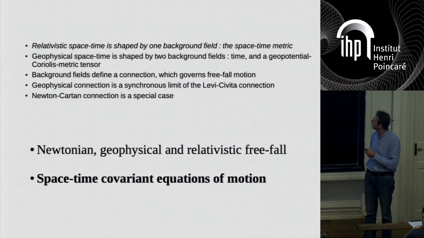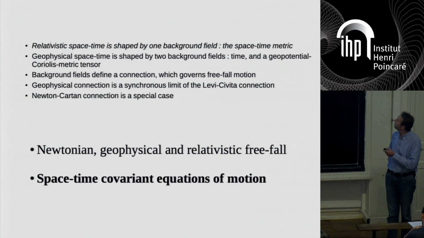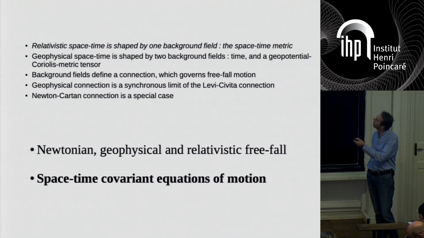So one is time, as discussed here. And the other one is a covariant tensor. It's morally the equivalent to the spacetime metric. It plays a similar role, but it's not a metric tensor, right?